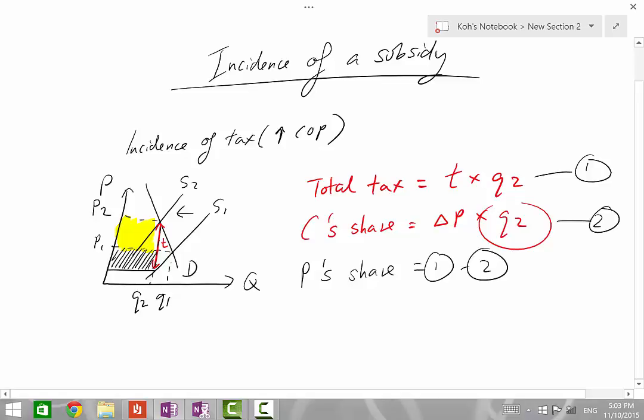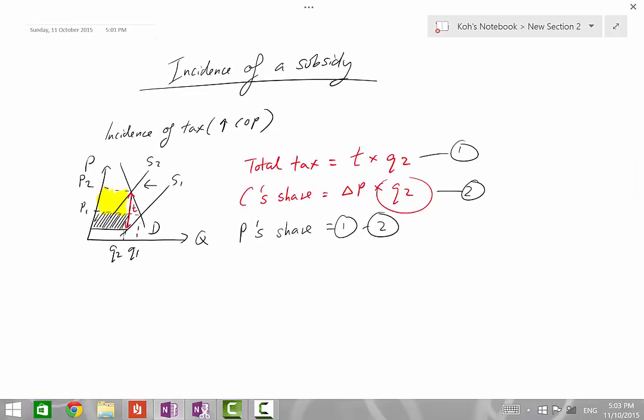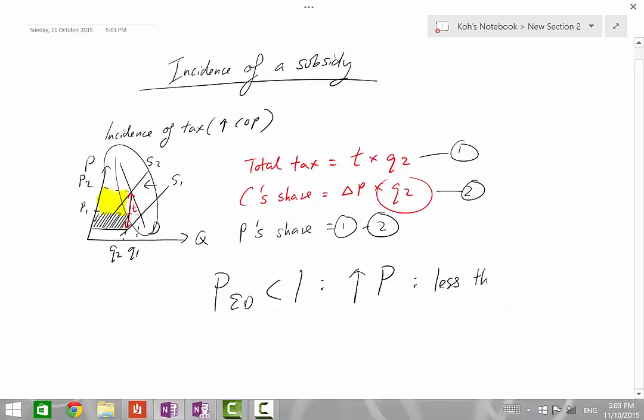Okay, now before I move on to consider the incidence of a subsidy, I just want to make sure we are clear on one thing, which is even though in this case the demand curve is relatively steep, and you know that if PED is less than 1, your increase in price will lead to a less than proportionate fall in quantity demanded.